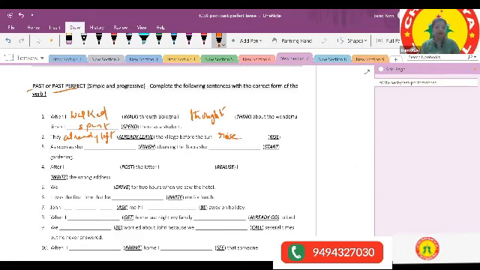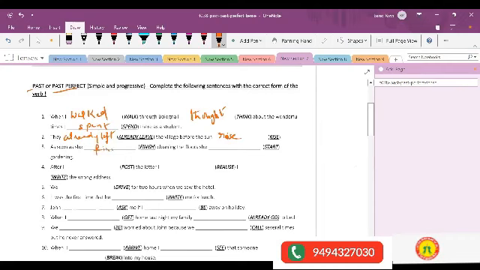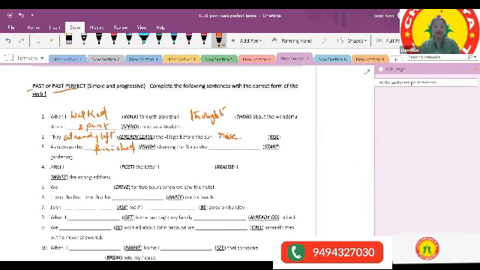Okay, now the third one. As soon as she finished cleaning the floors, she started gardening. Good. And the next one.